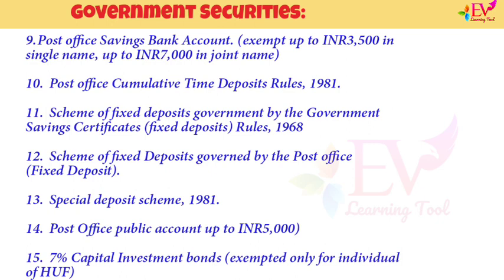Scheme of Fixed Deposits governed by the Post Office, Fixed Deposit. 13. Special Deposit Scheme, 1981. 14. Post Office Public Account up to 5,000 Indian rupees. 15. 7% Capital Investment Bonds, exempted only for individual or HUF.